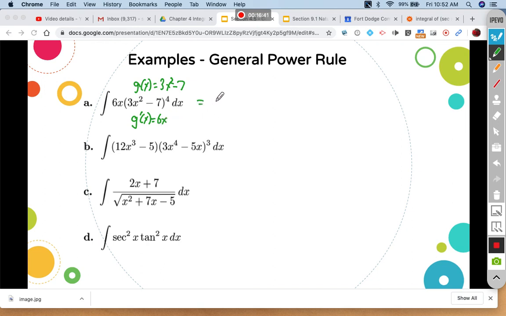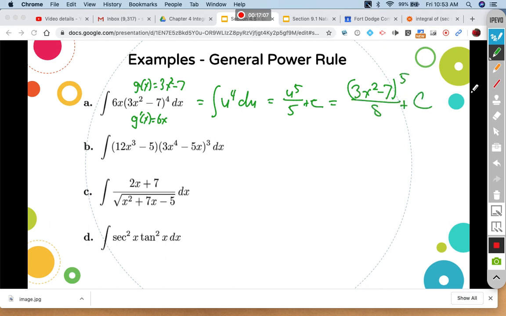So we can say this would be the integral of u to the 4th du, because my dx is going to be 6x du. So that's going to be u to the 5th over 5 plus c. So we're going to get 3x squared minus 7 to the 5th power over 5 plus c.